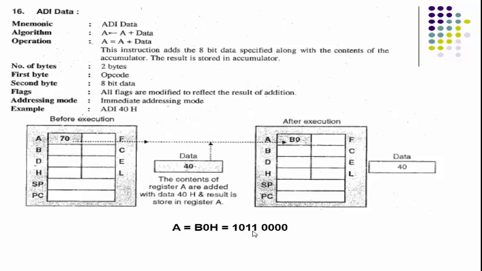So simply add the digit-wise weightage: this is 1, its weightage is 1, next weightage is 2, next weightage is 4, and here the last or MSB, most significant bit, its weightage is 8. So 8 plus 2 plus 1, that is 11.